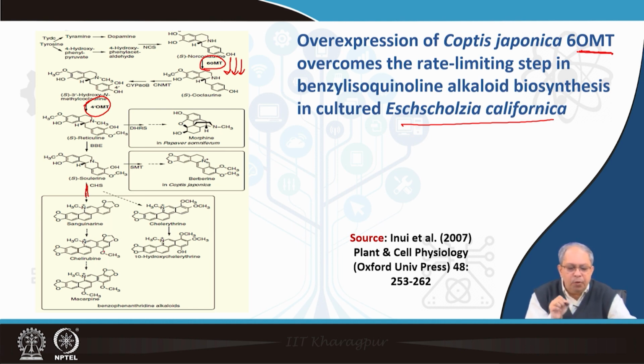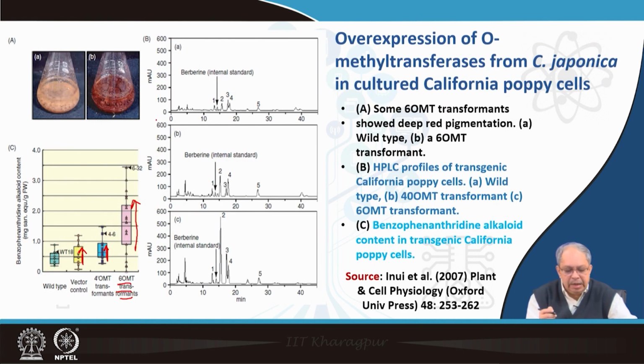Whereas, when only 4-OMT was used, 4-OMT has to do the job of 6-OMT as well as 4-OMT. So, because 6-OMT is not there, this 4-OMT sometimes converts this norcoclaurine to coclaurine, and as a result of that, when it performs both functions, the efficiency is less, and as a result the alkaloid level is less.